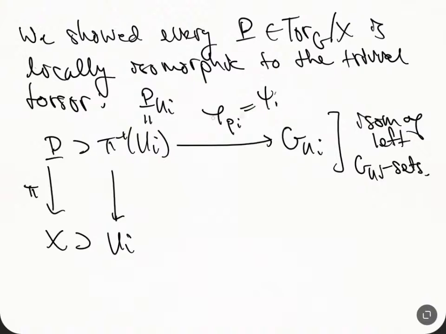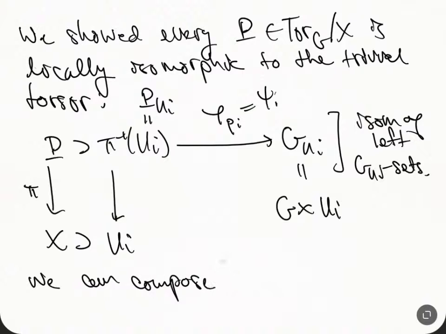So what we'll be able to do is compose these trivializations. By the way, since G in this situation is representable, this is G cross U_i. So we can compose them and look at the transition maps.